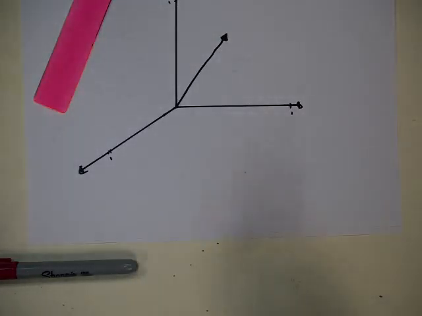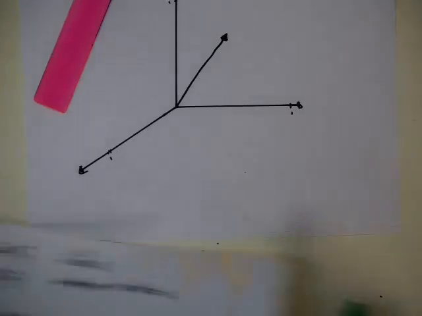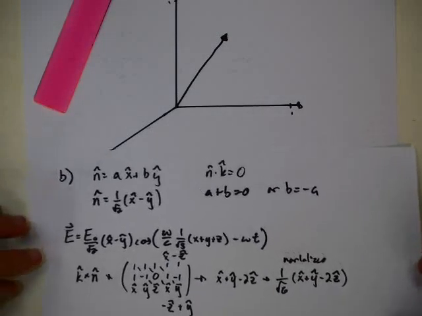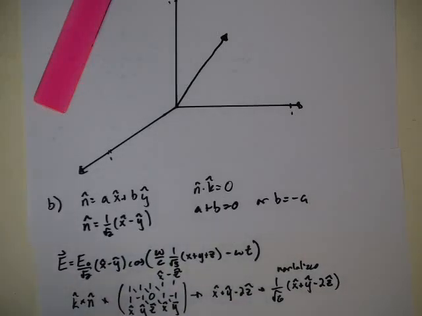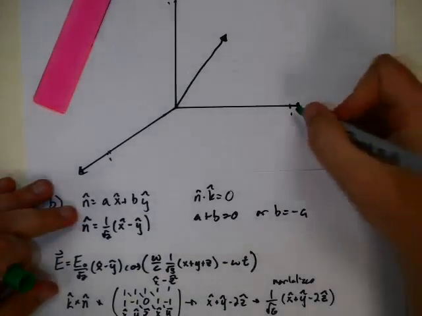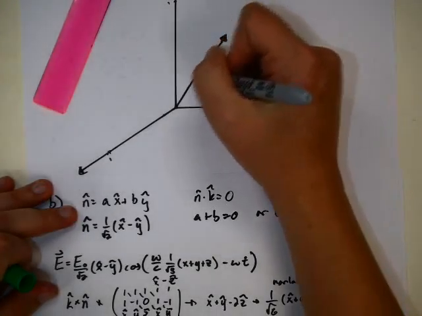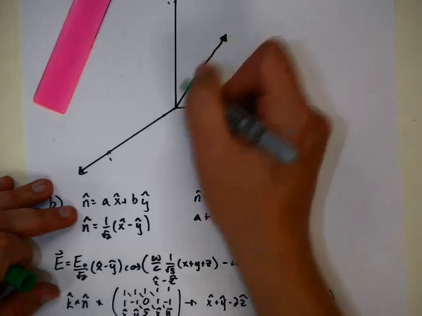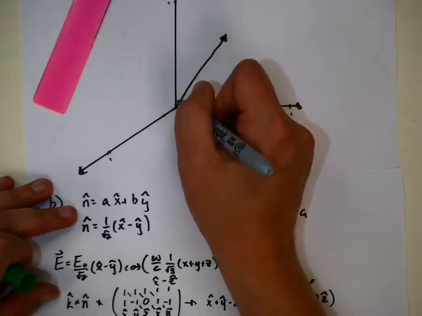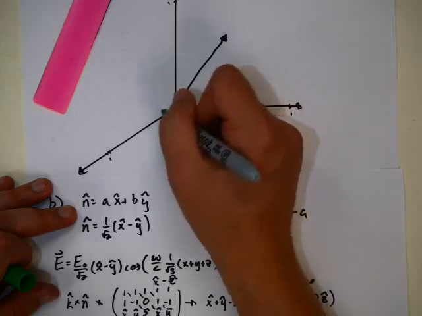My E field, if I look at my E field, points in the x minus y direction. So this is y, so it's going to point in the x direction and a little bit back. And so we start out pointing in the x direction and x minus y.